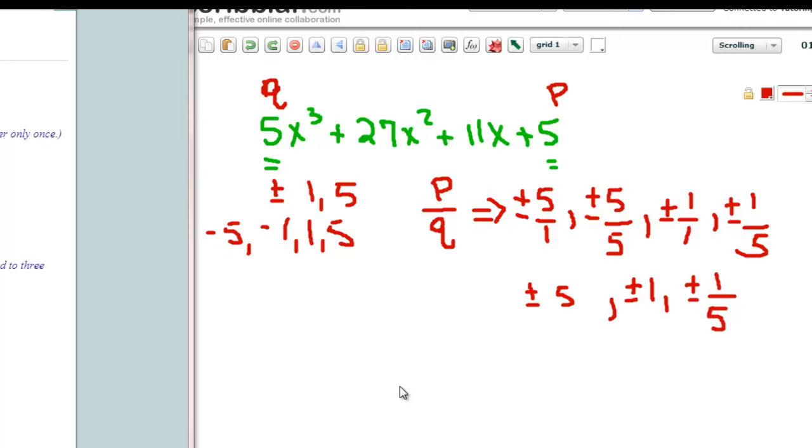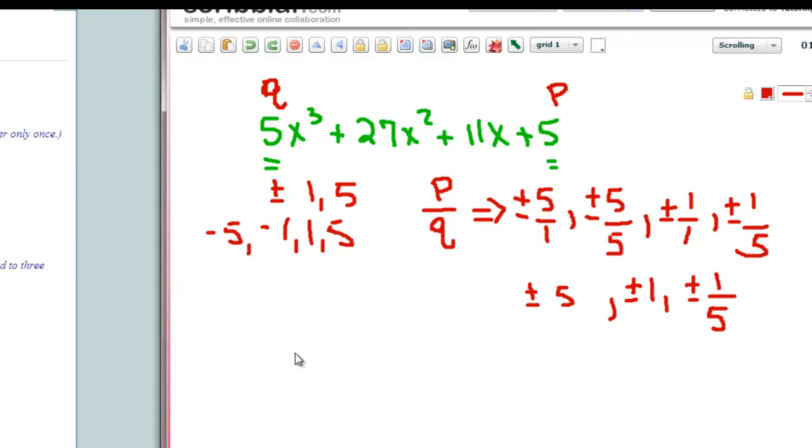If I use the 1, let's use synthetic division. Technically, this here is x equals -1, and to use synthetic division you have to remember we do the opposite over here, so that's going to be +1.